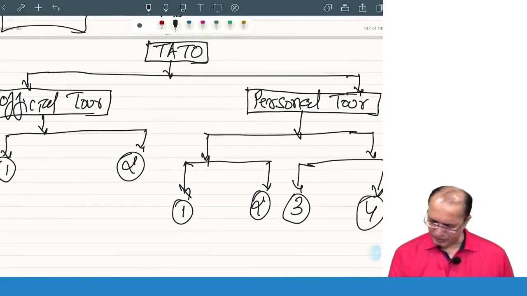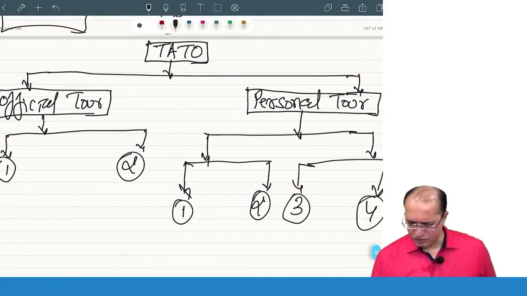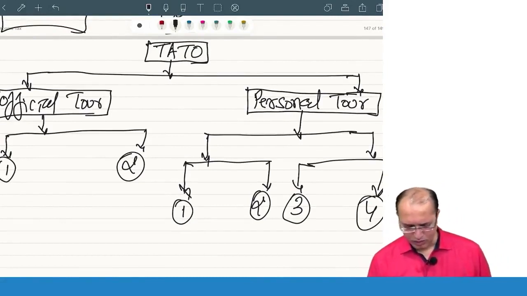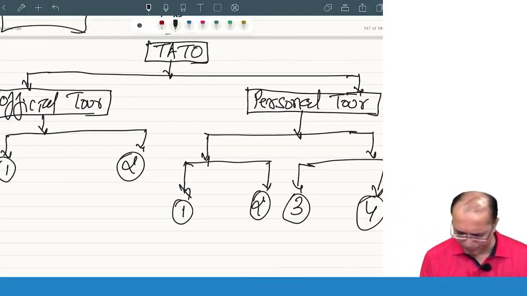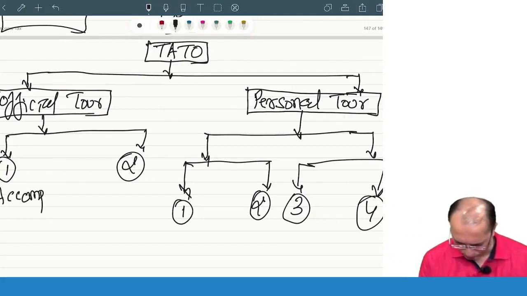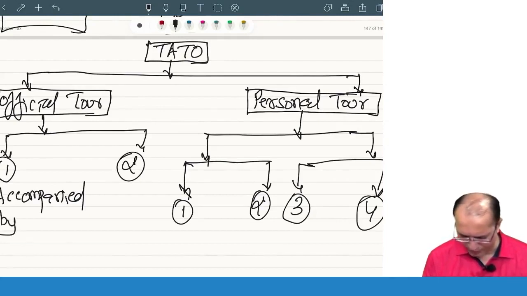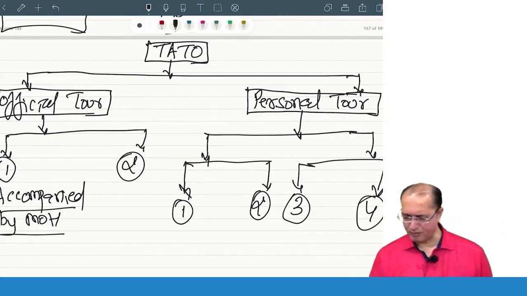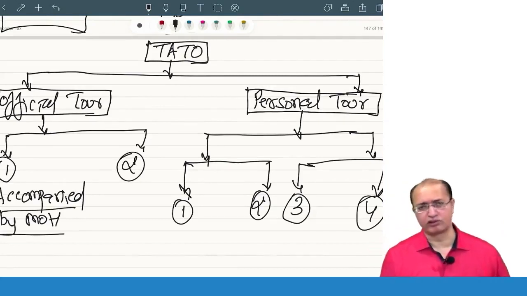Say for example, Manoj is going on an official tour, but that official tour is accompanied by his wife, a member of household. What do you mean by member of household? You have the definition.